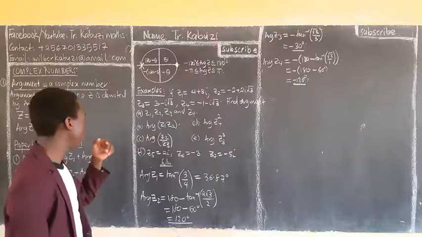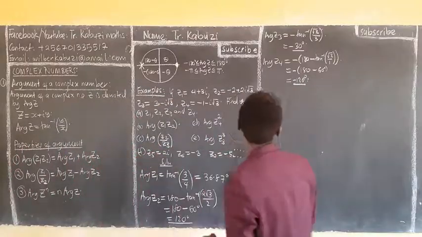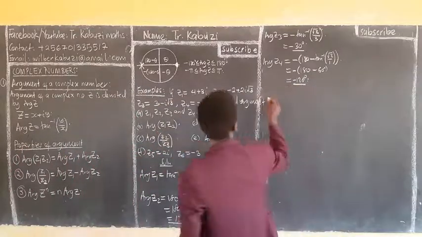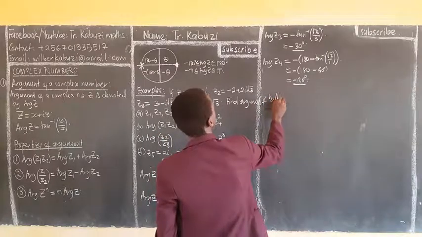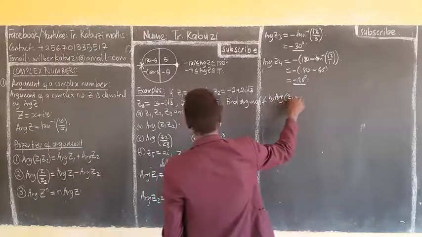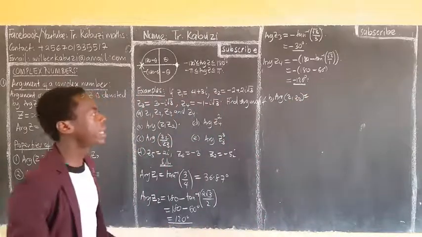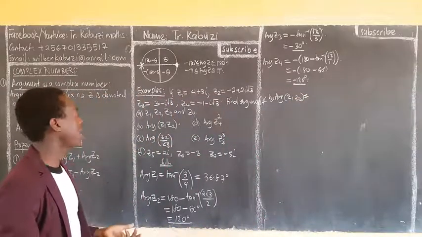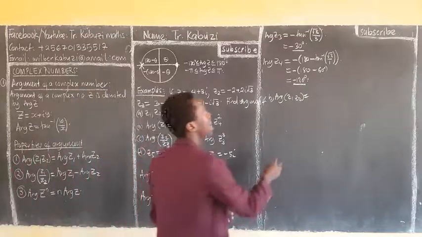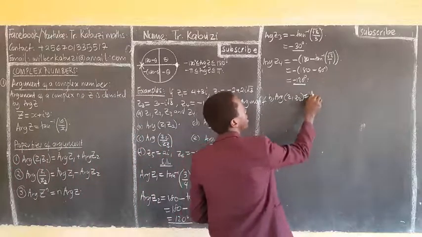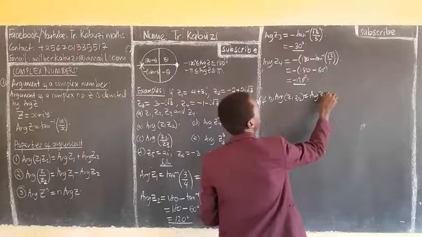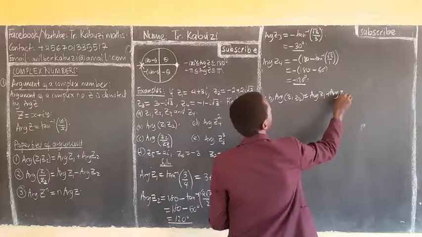When you come to part B, they are asking for arc of Z1 times Z2. We said you don't waste time. We said arguments behave as logarithms, so multiplying becomes adding. This will be arc of Z1 plus arc of Z2.